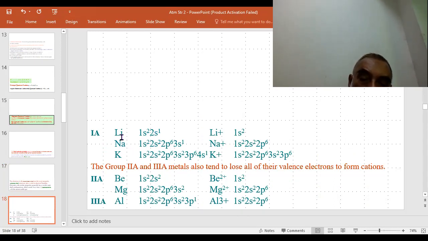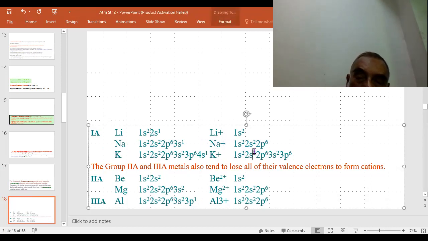When lithium loses one electron, sodium one electron, potassium one electron, they become unipositively charged, and then lithium takes the electronic configuration of helium, sodium takes the electronic configuration of neon, and potassium takes the electronic configuration of argon.